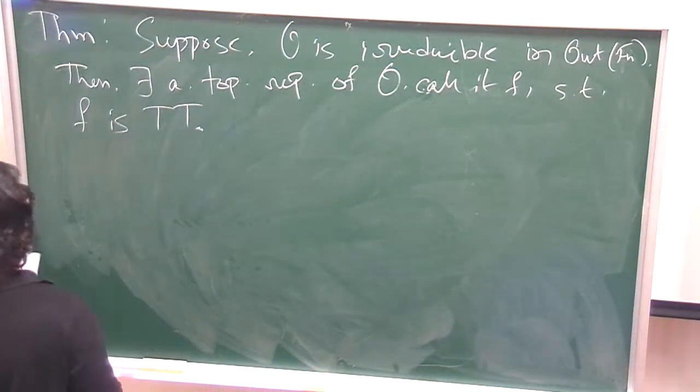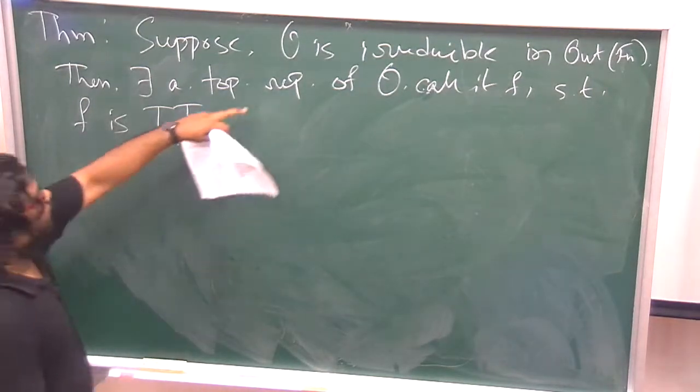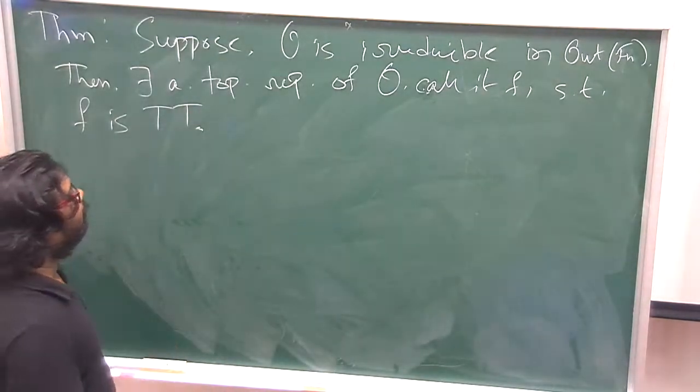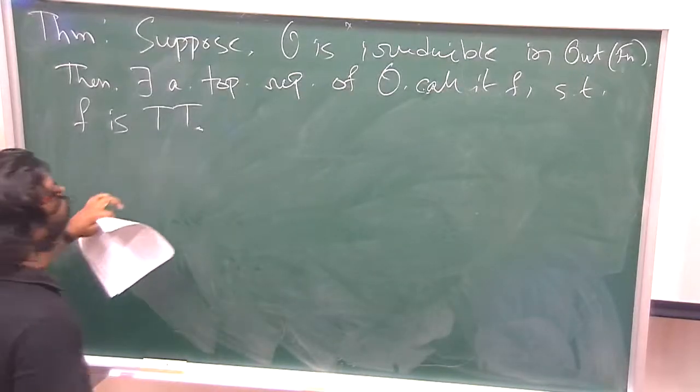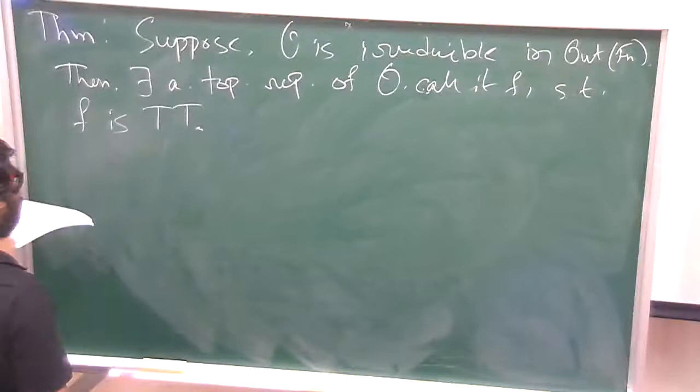So if my class is irreducible, then I am going to get a train track representative for that.